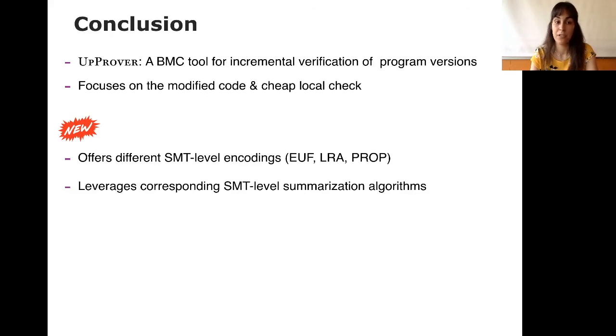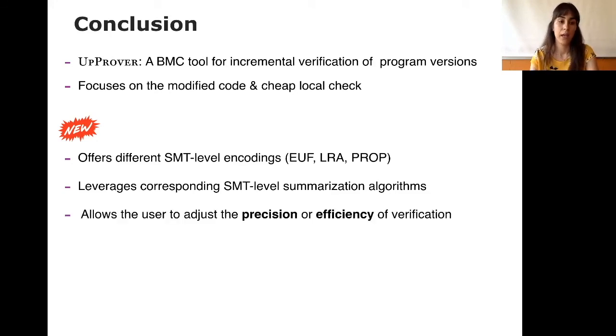And it leverages the power of an SMT-level summarization algorithm. Because of these two layers of encodings and the summarization, it gives good flexibility to adjust the precision and efficiency of the verification.